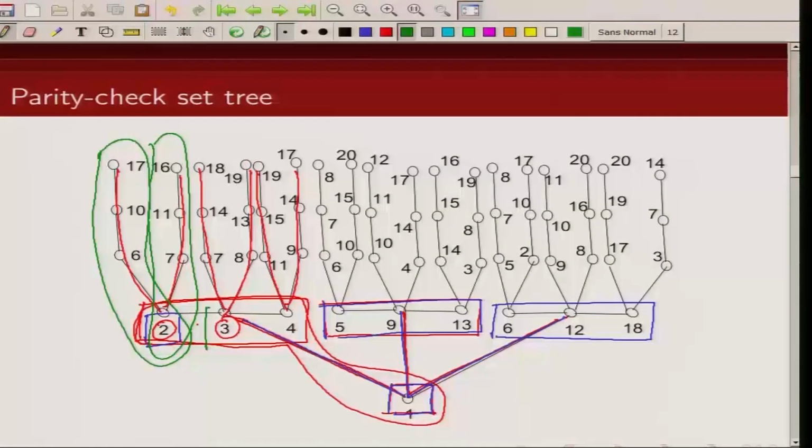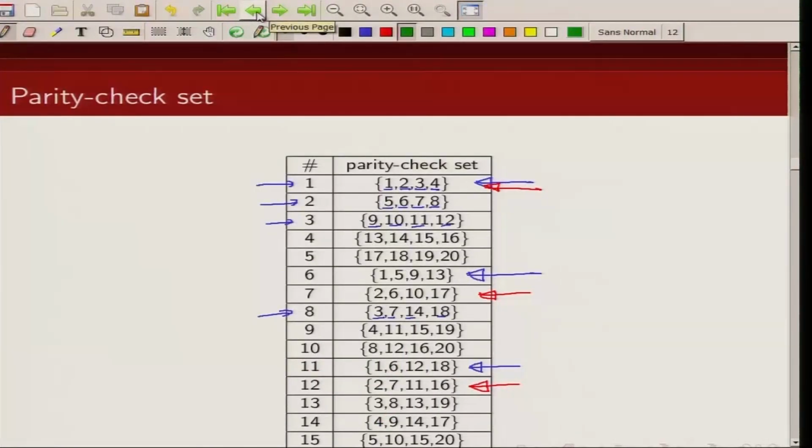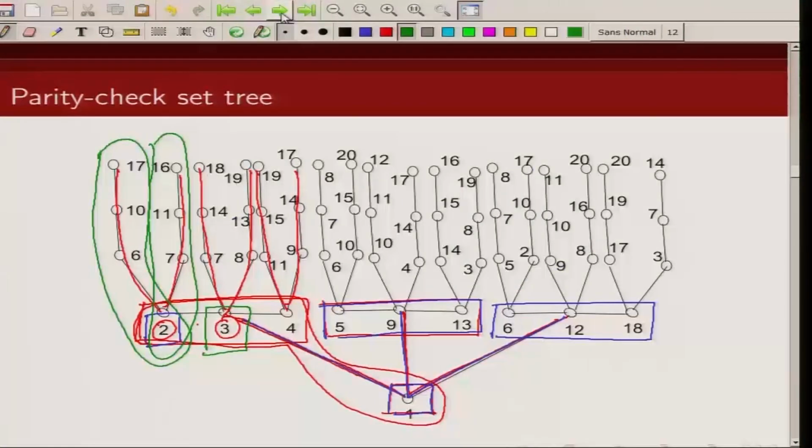So for example, bit number 3. Now look at bit number 3. Bit number 3 appears in parity check set 1, it appears in parity check set 8, and it appears in parity check set 13. Now this parity check set 1 is already captured, that is this one.